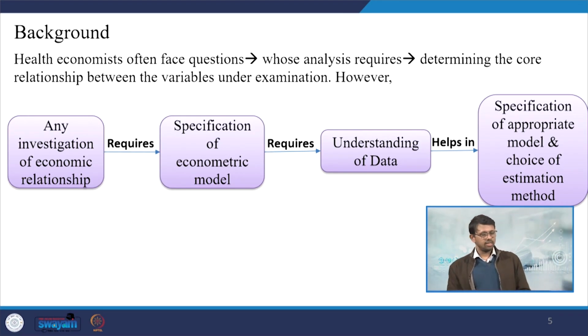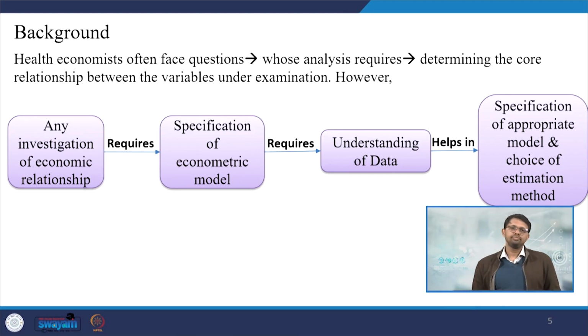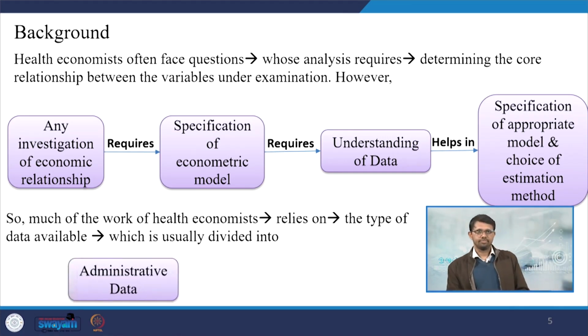The sequence is: understanding the investigation of economic relationships requires specification of an economic model, then further it requires understanding of data. All these help in specification of the appropriate model and choice of estimation method.